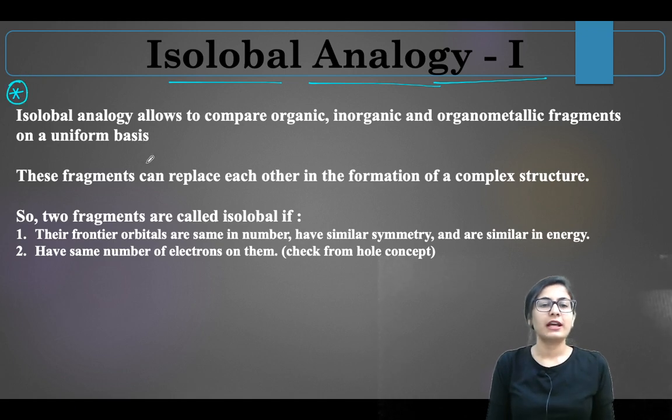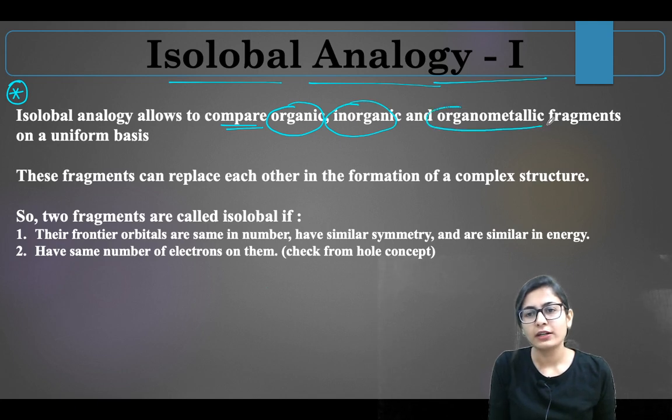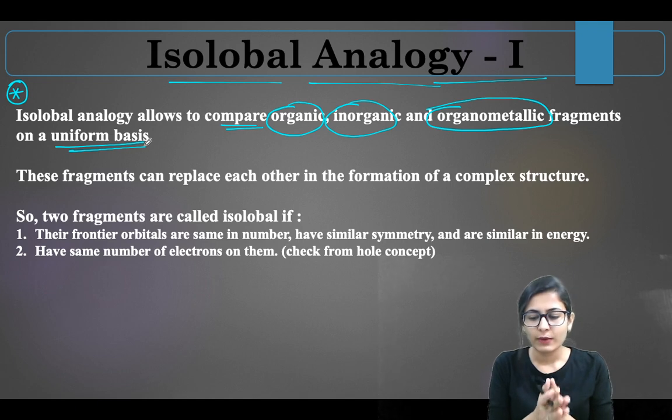What is isolobal analogy? The first thing that we see, isolobal analogy allows us to compare the organic, the inorganic, and the organometallic fragments on a uniform basis. Now let's say, why are we trying to understand the isolobal analogy?